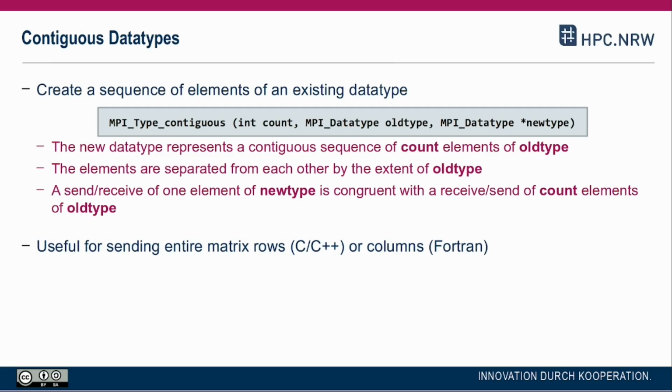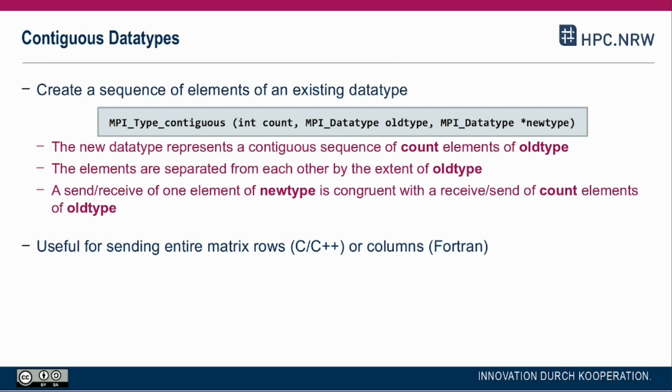It doesn't mean that this has to be a contiguous type itself. So if this has a gap at the end, so if the extent is larger than the size and you have an additional upper bound that goes beyond the last element, you will have gaps in this, even though it's a contiguous type. It just means you take this data type and stick it right next to each other count times.